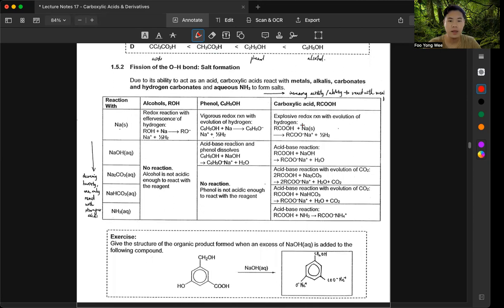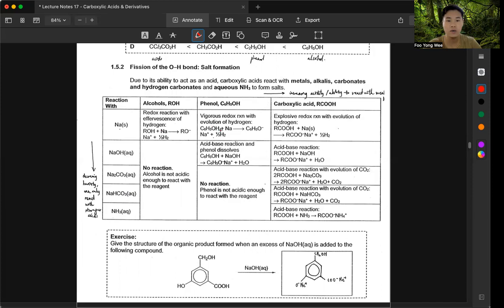Now, let's look at the fission of the OH bond in terms of salt formation. There are some reactions to look at. One is the redox reaction with sodium. There will be effervescence of hydrogen gas with alcohol. We have covered that under the topic on hydroxyl compounds, as well as phenol in the same topic.